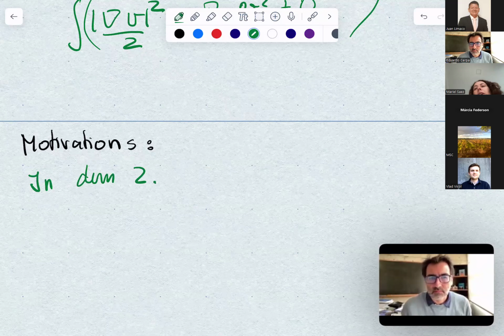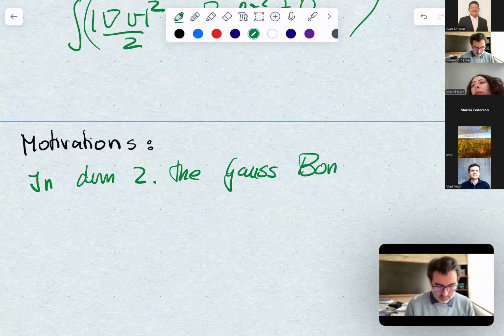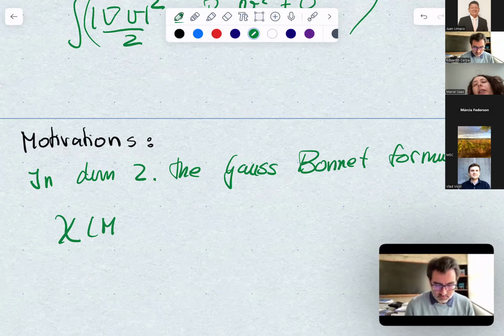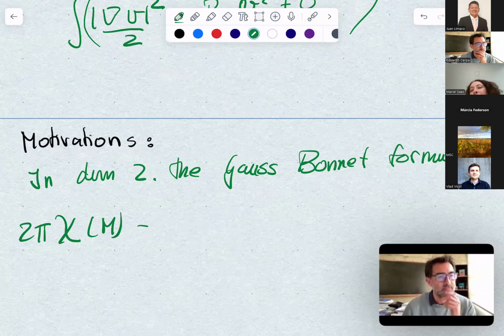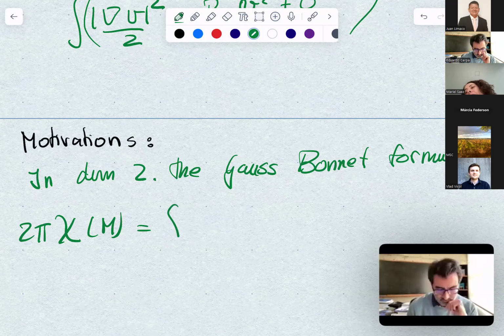we have the Gauss-Bonnet formula. The Gauss-Bonnet formula says that 2 pi times the Euler characteristic is the integral of the Gaussian curvature over this surface.